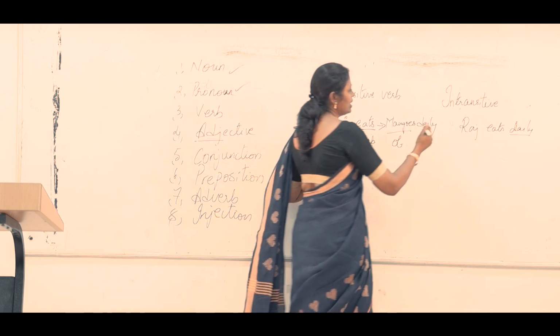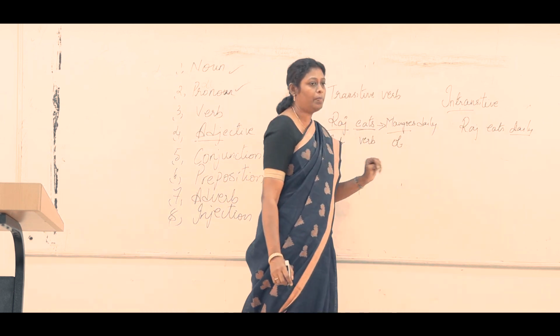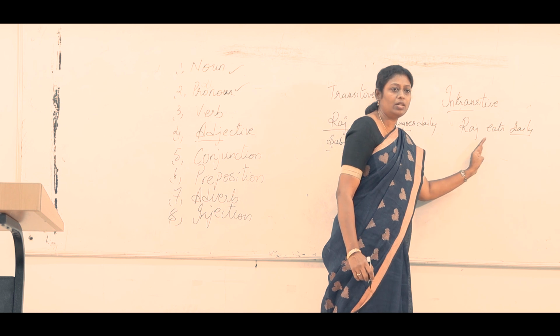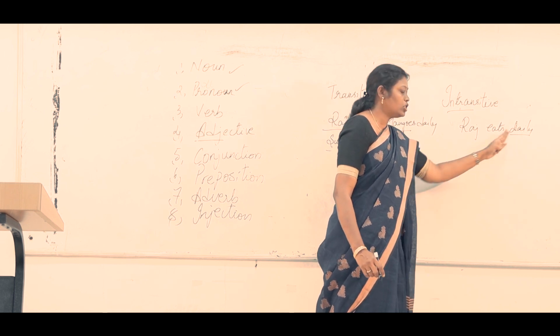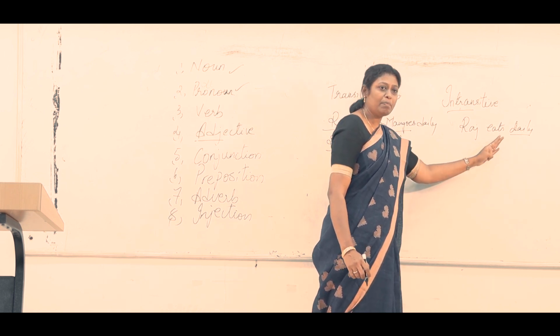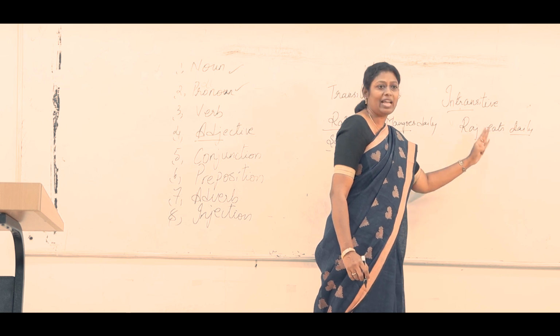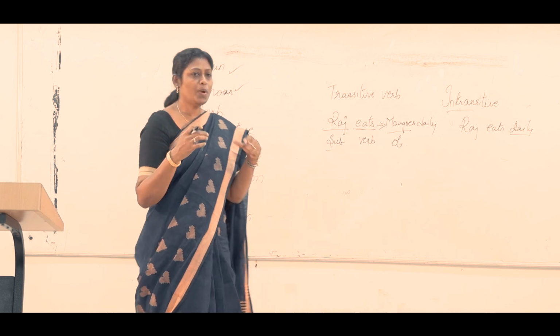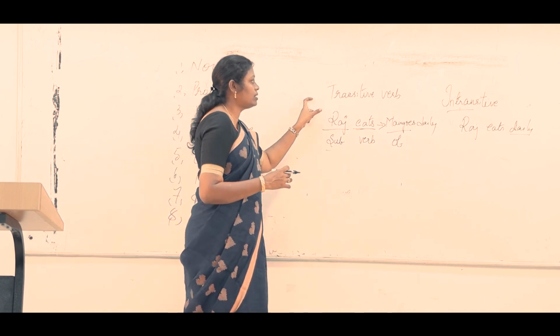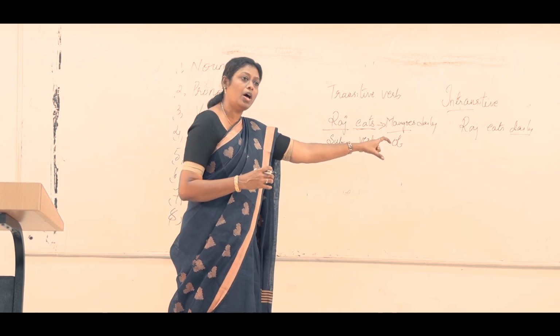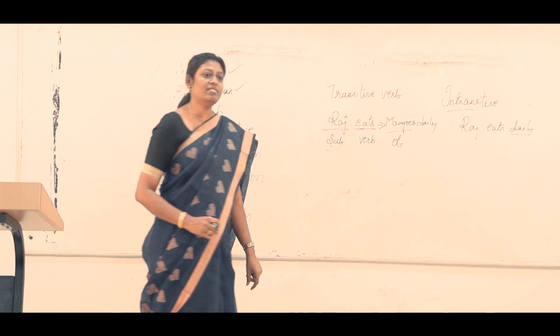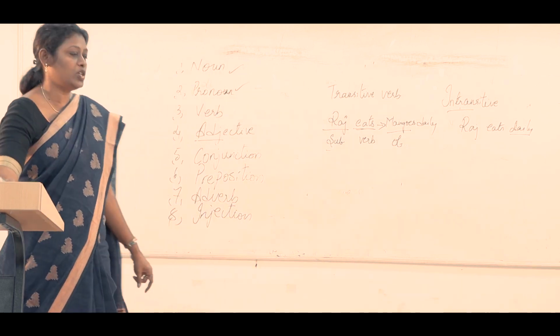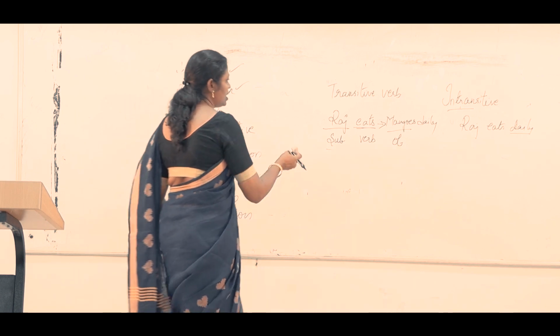For the intransitive verb, if I ask what is he eating, there is no answer. That means the verb does not carry an object here. Very simple. We need to understand what is a transitive verb and what is an intransitive verb before getting into tenses. That is the core subject we are going to discuss, guys.